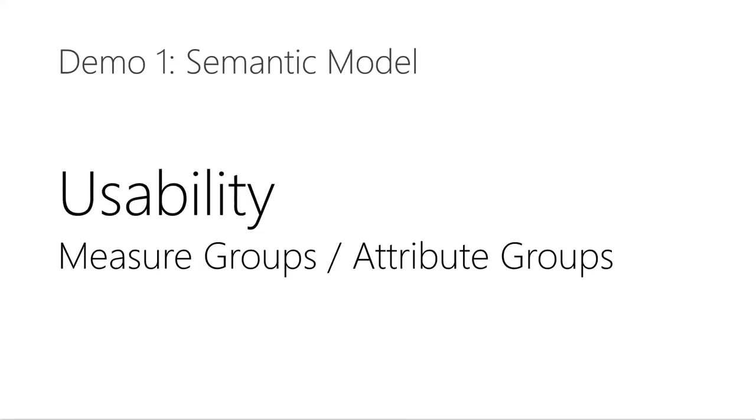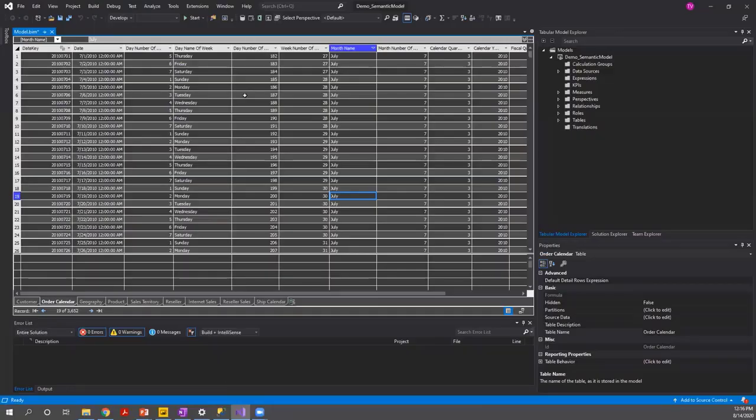These are basically to give you a basic understanding. This is where you create separate folders in dimensions and fact tables, and you organize your measures or attributes in those folders so that it can be easily accessed by the end user. So let's move into the demo real quick. I have my customer dimension here.